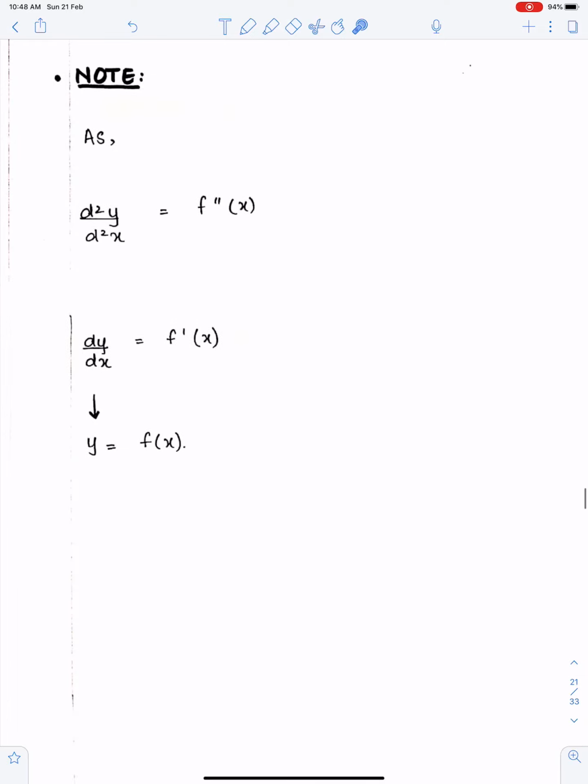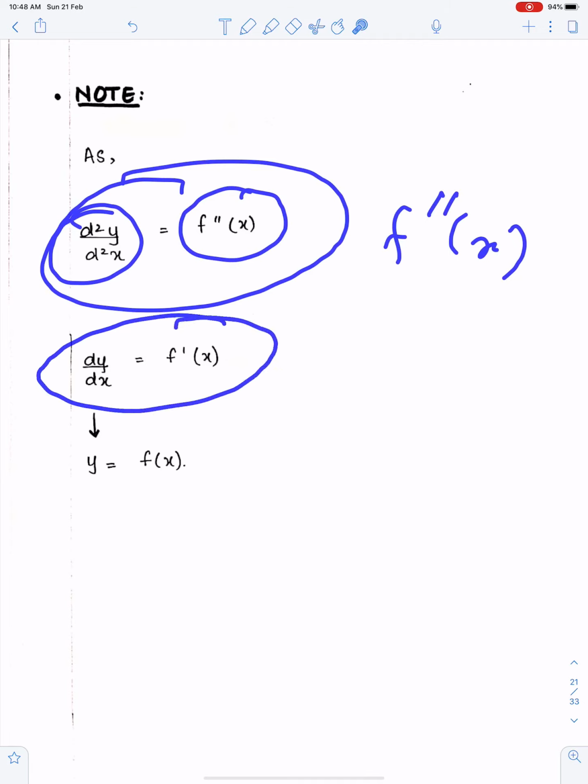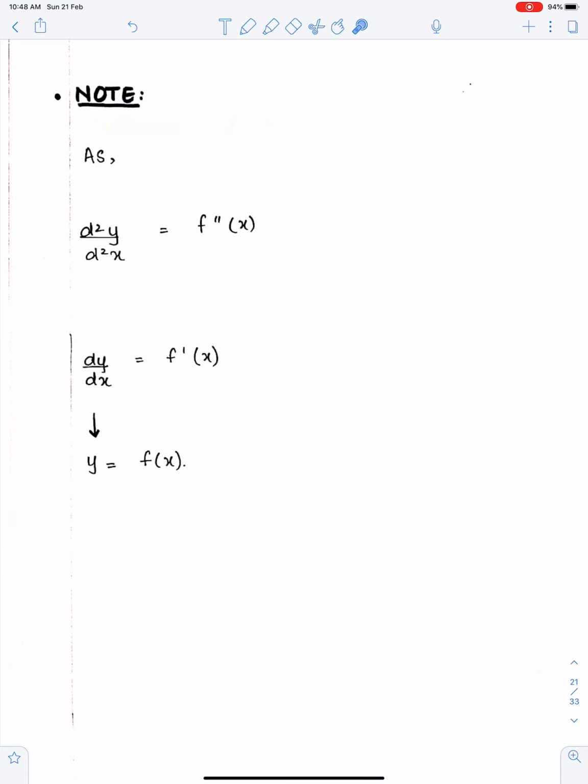Now this is very simple. Second derivative can also be written as f double prime x, and first derivative is f prime x, and the equation of the curve is f of x. So you need to integrate the second derivative twice to get the equation of the curve.